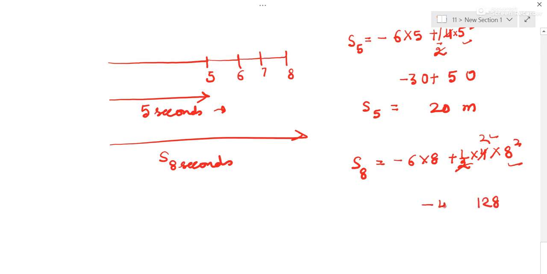And this is minus 48. So you can see this is coming as 80. Now you can subtract both the distances. That is the distance covered in the next 3 seconds. The subtraction will come as 60. So the answer is 60. Let us get to the next question.